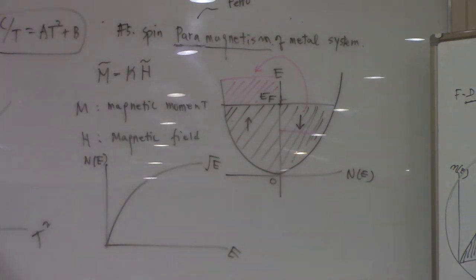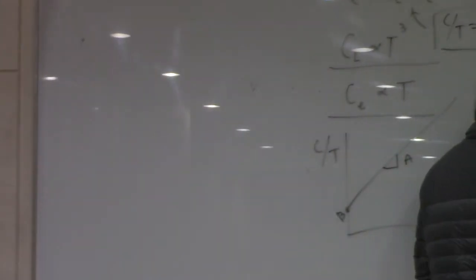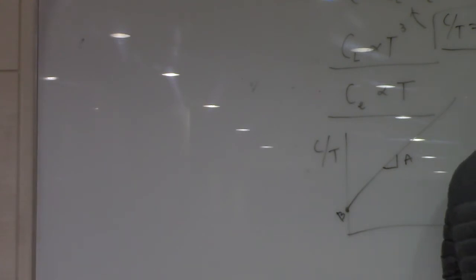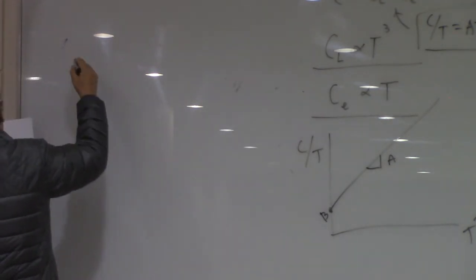So if you change that, then we can have net magnetism, because all you have to do is just extract this part from this part, and we are going to have a net magnetism. That's how we are going to calculate here.